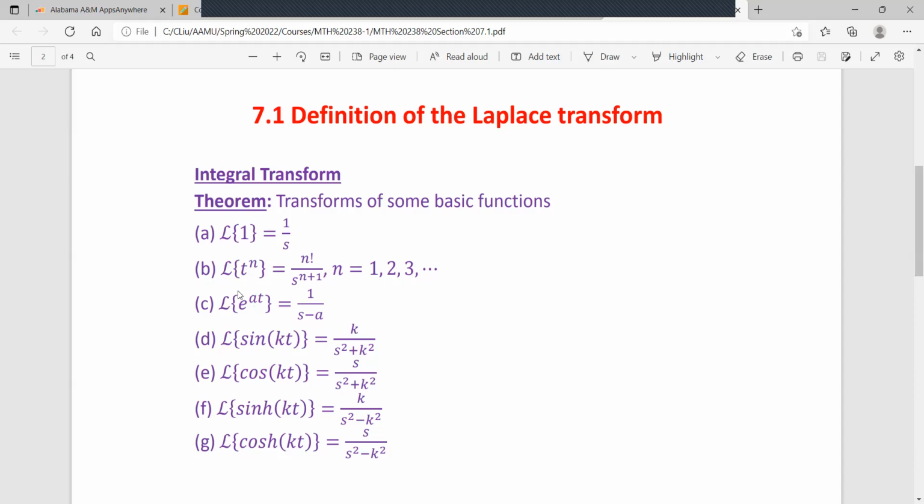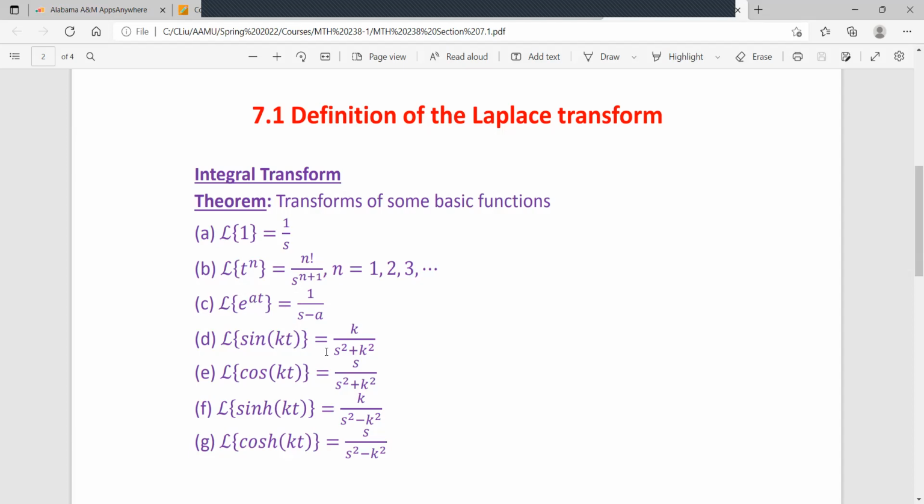And the Laplace transform of e to the at, where a is any real number, is pretty straightforward. If you multiply by another exponential e to the negative st and integrate t from 0 to infinity, you obtain the result immediately, and that will be 1 over s minus a. We can also do the Laplace transform of sine kt, where k is a real constant.